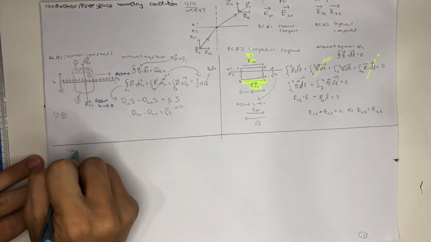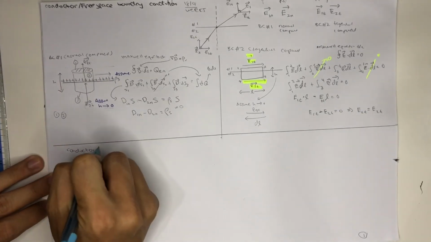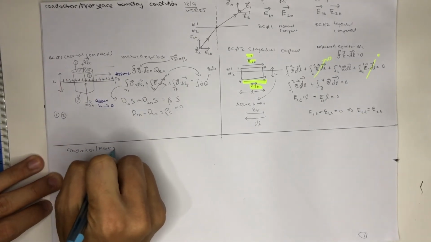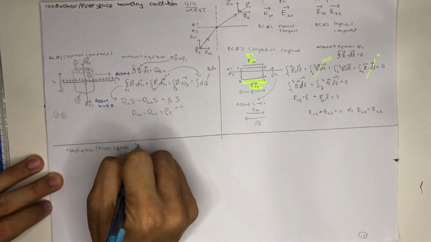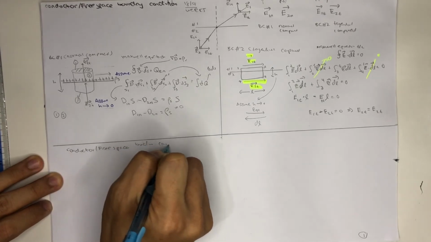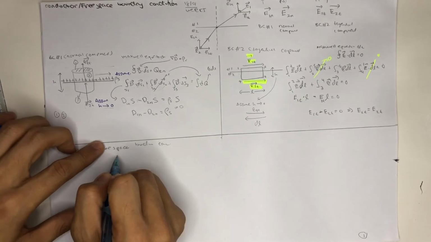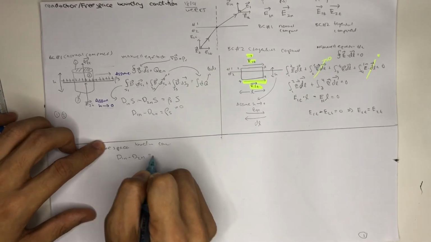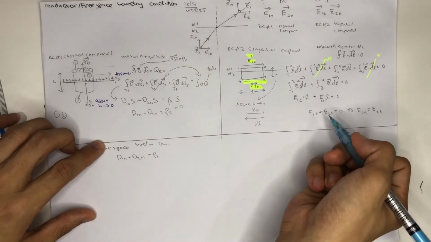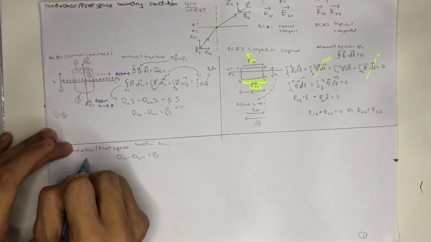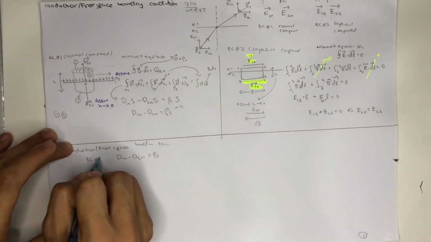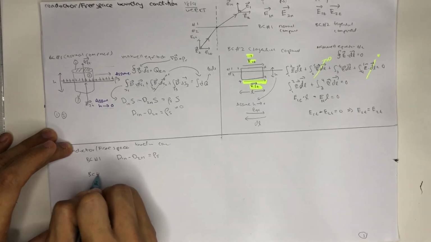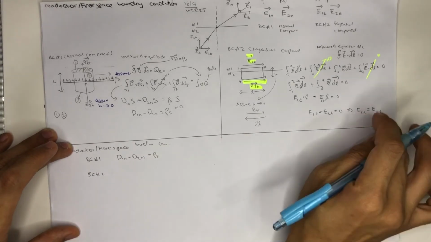Based on what we have gathered here: conductor, free space, boundary condition. We can just transfer here d1n minus d2n equals rho s, which is your boundary condition 1. Then for boundary condition 2, you have this equation.